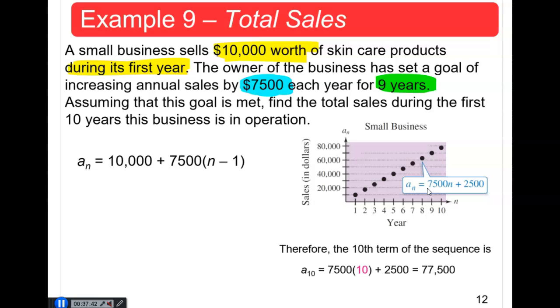So assuming, and well, this is a little tricky because we're not going to assume that n is equal to 9. Instead, we have to consider that we started with a sub 1, and that is 10,000. That was the first year. So if you consider 9 years after that, oh, and I did not write 10,000, right?